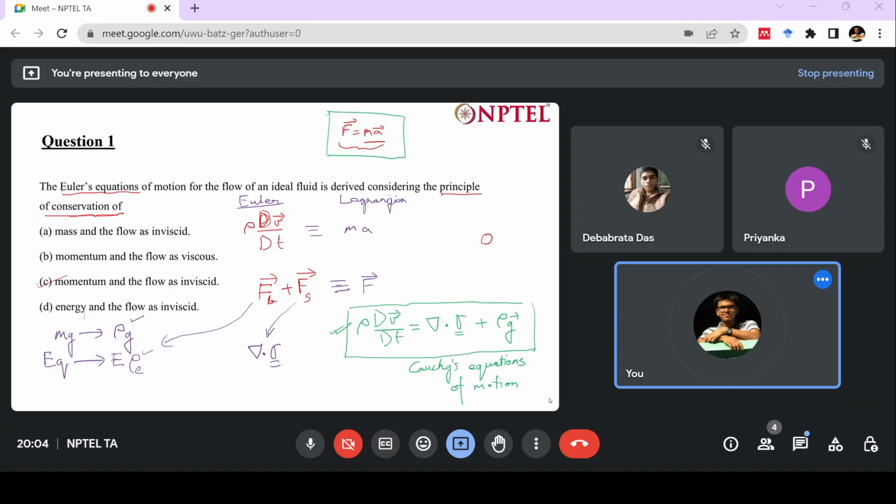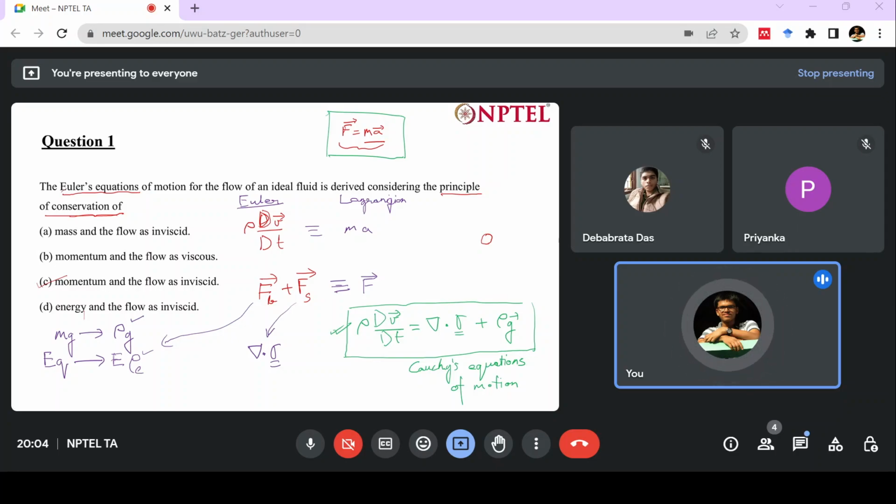So again, let me start from the beginning. What we have done so far is we have studied our mechanics, and we have understood the different ways this can be represented, and the different ways we can solve for our fluid motion.